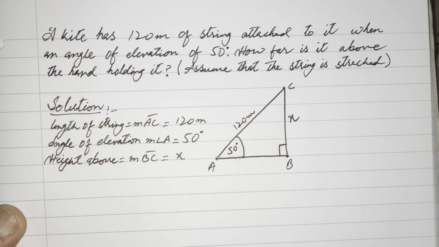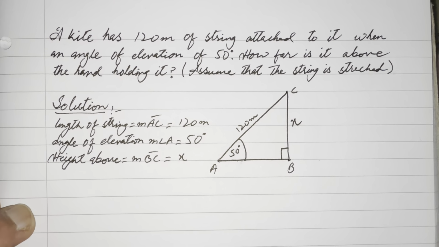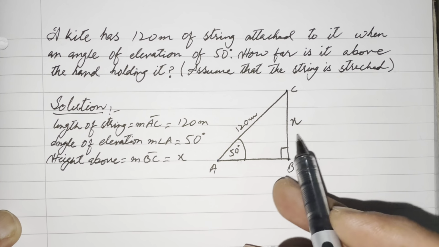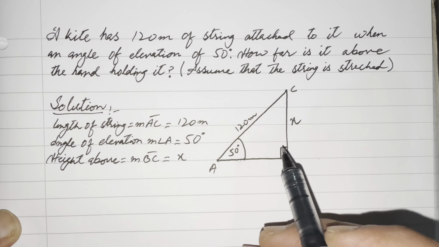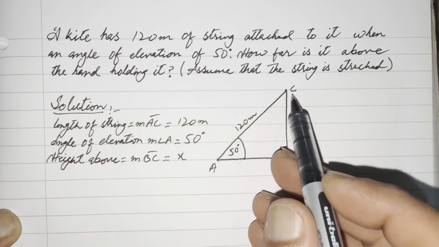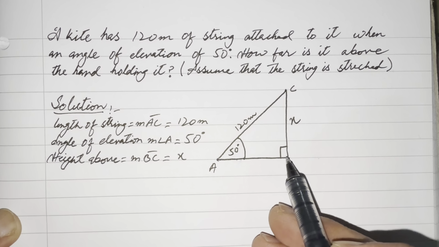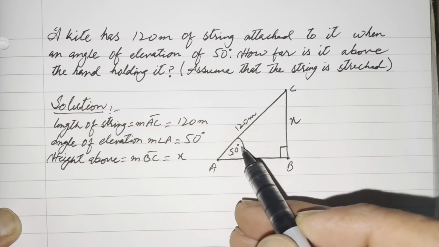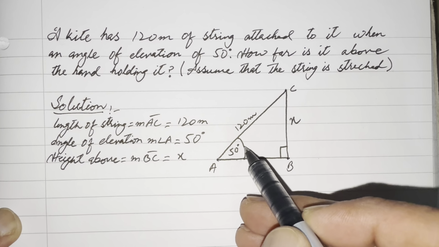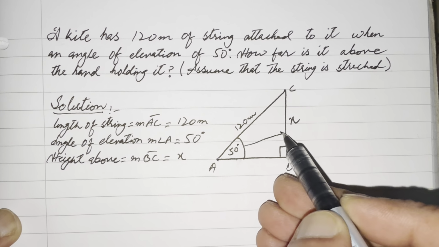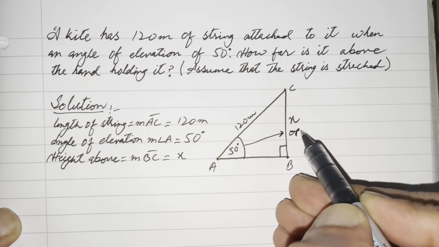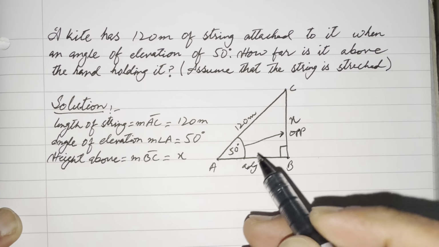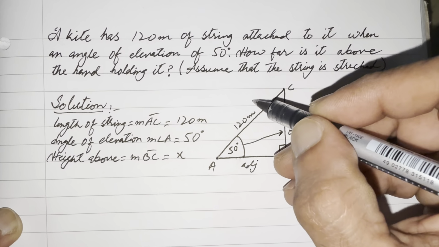Now the most important thing is to decide which trigonometric ratio we have to use to find the height in this figure. If you see, we are talking about the angle 50, so the side right opposite will be the opposite side, this side will be the adjacent side, and this one is the hypotenuse.